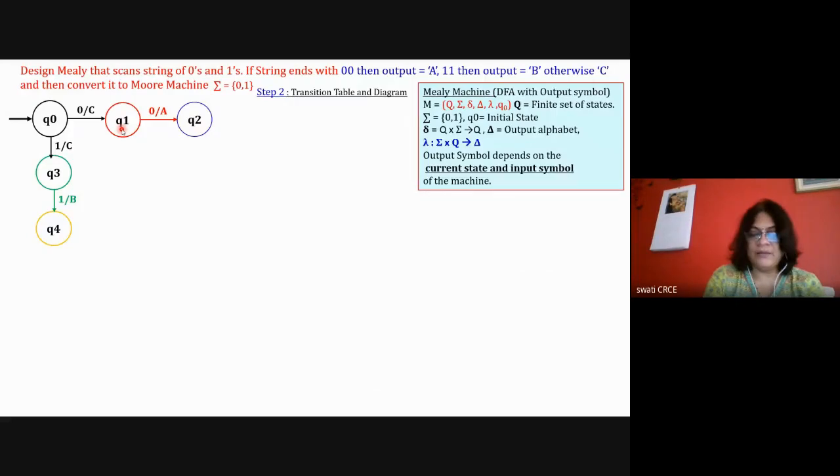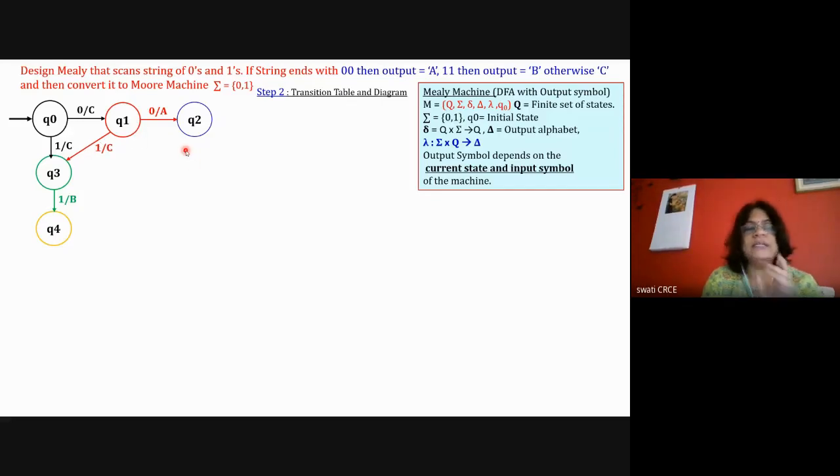Correct. With 1 it will go to Q3, because with one more 1 it will become 1, 1. So your string can be 0, 1, 1, and for 0, 1, 1 it will generate CCB. So with 1, it will go to Q3. Both transitions are done.